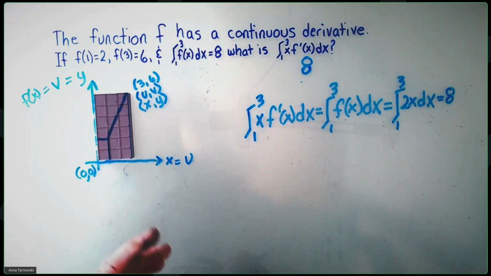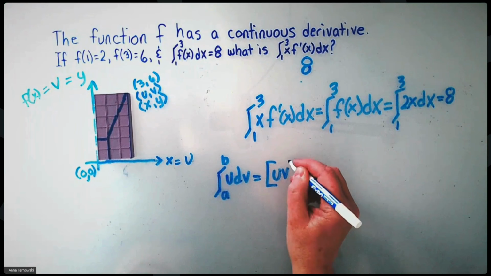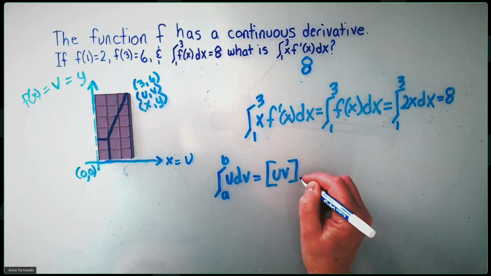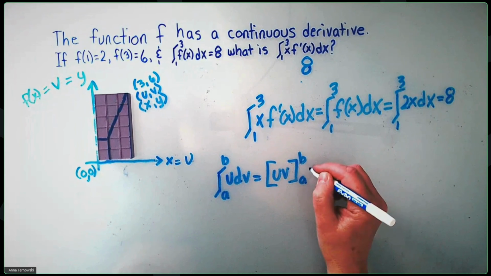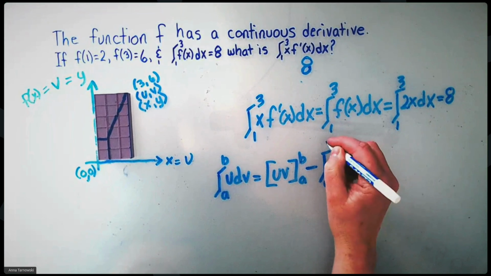The integral from a to b of u dv equals the two rectangles, the big one subtract the small one on that same thing, and subtract the area under the curve of the function. And that's what this is.